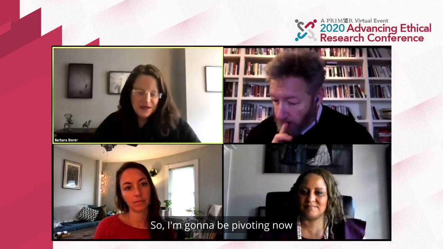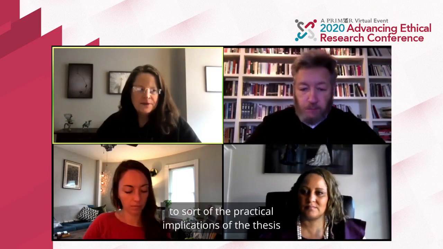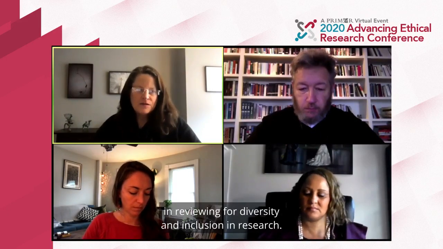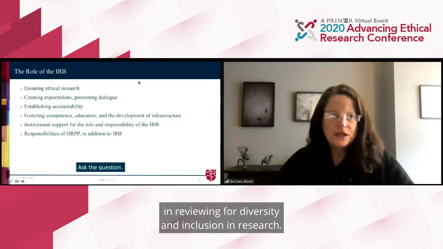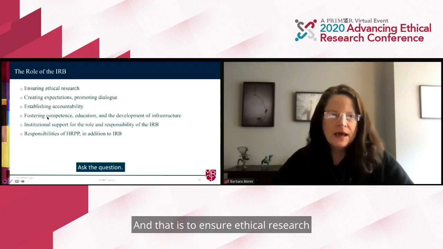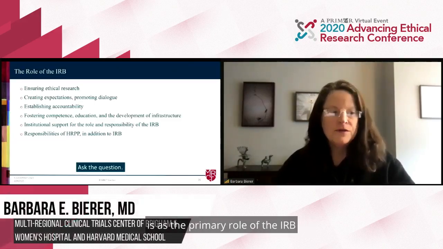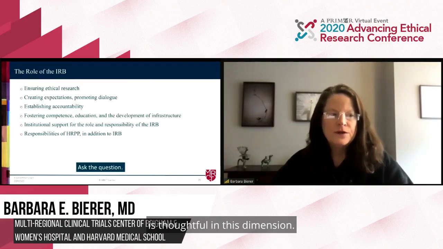So I'm going to be pivoting now to the practical implications of the thesis that David laid out, that there is a role for the IRB in reviewing for diversity and inclusion in research, and that is to ensure ethical research, as the primary role of the IRB, is thoughtful in this dimension.